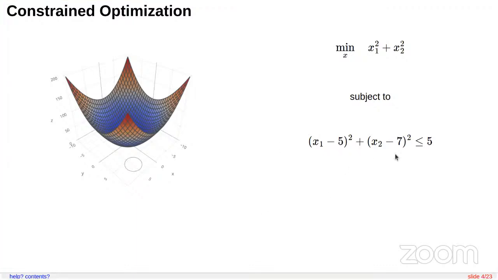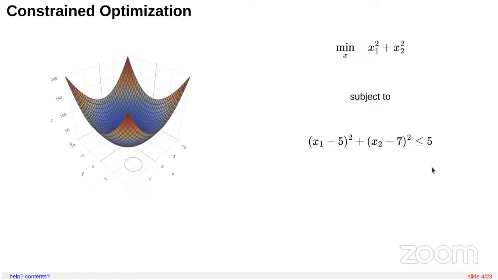What is the center of this circle? 5,7. Yeah, 5,7, right? So the center of the circle is 5,7. And what will be the radius? Root 5. Right, so this is a circle with center at 5,7 and radius root 5.